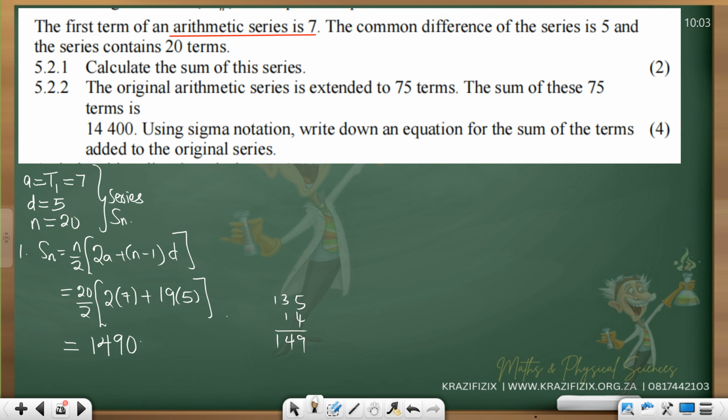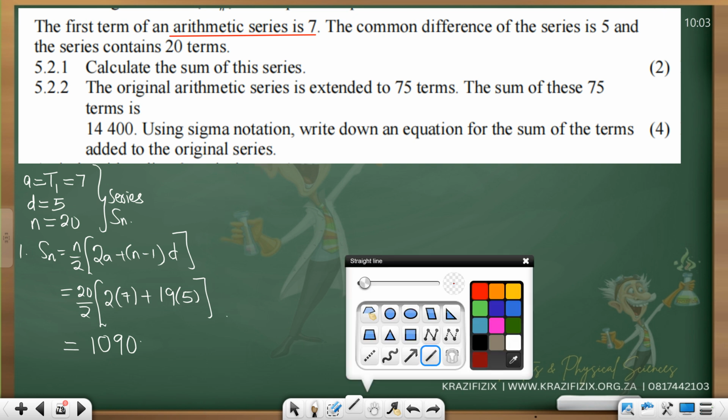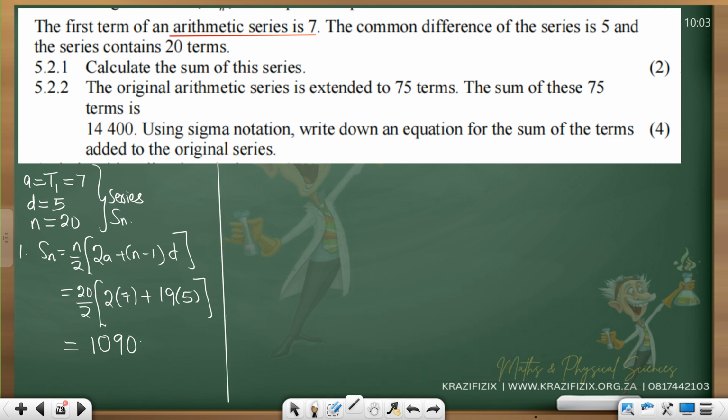No. Check. This one. Wait. Oh, sorry. It's 9 here. Okay. 1090. Correct. 1090. Guys, were you able to do that first part? So that's our basic, that's entry level, you know.